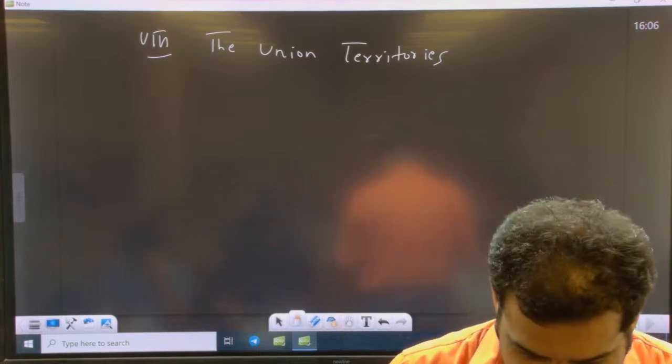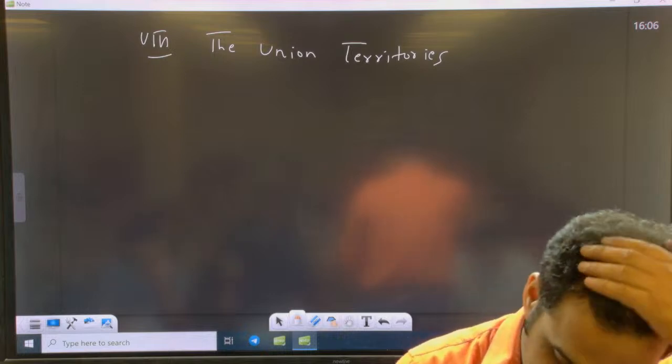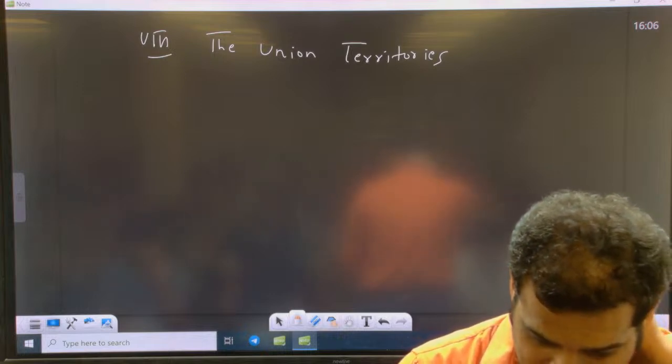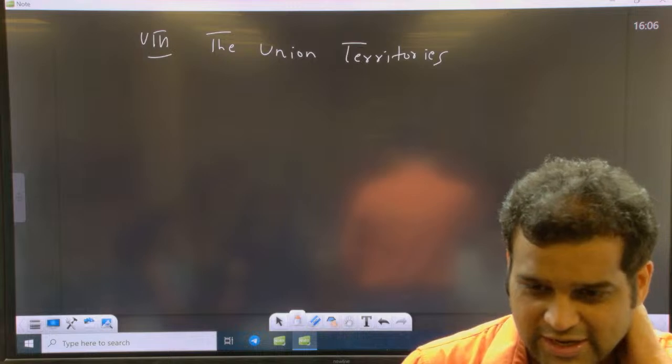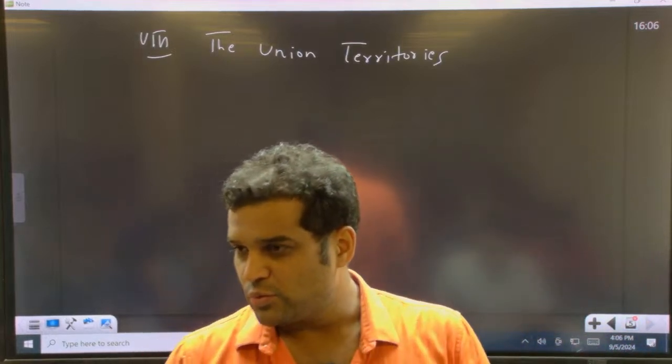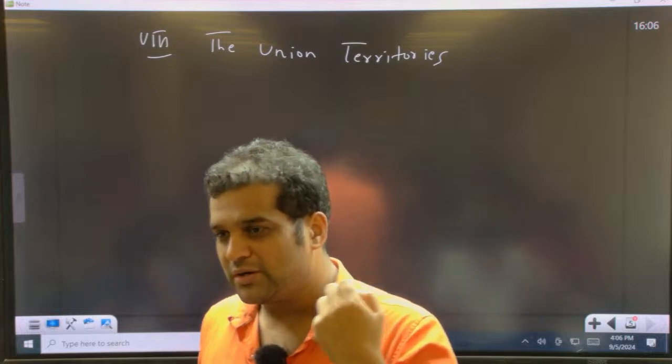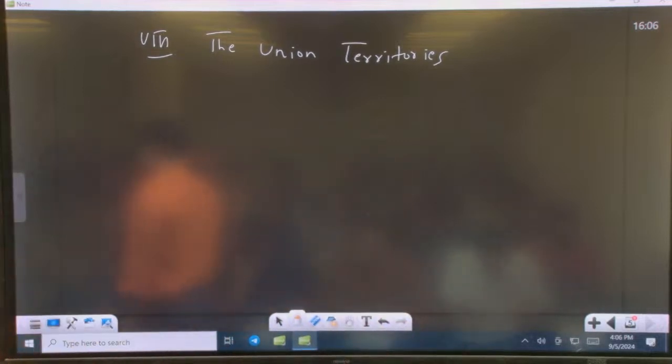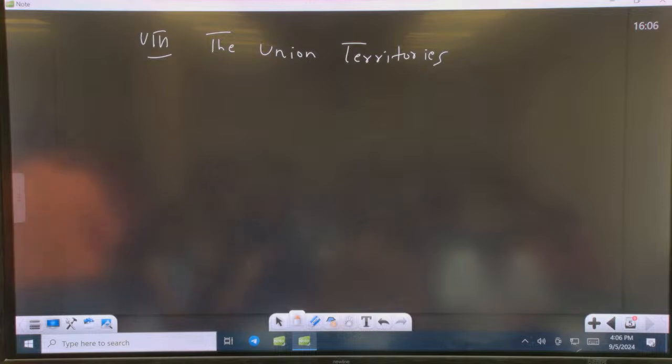What's the difference between part 8 and part 1? Or is it a mistake by the framers of the constitution? Did they repeat the same thing in part 8? What is the difference? Tell me.